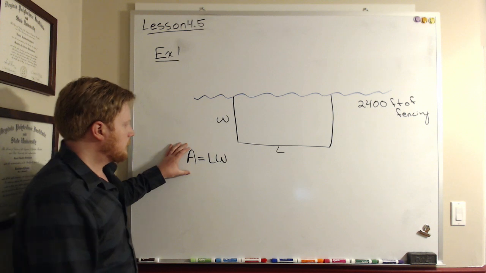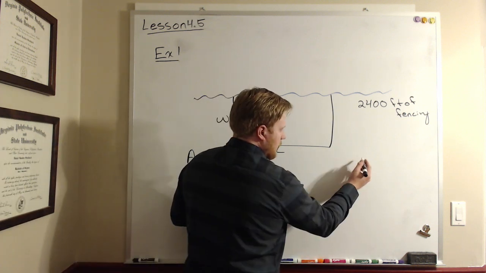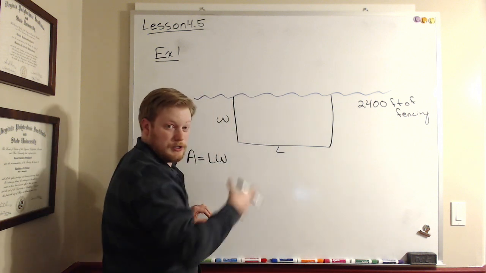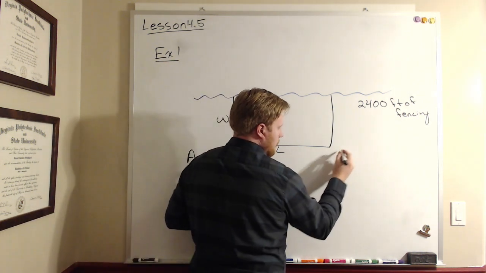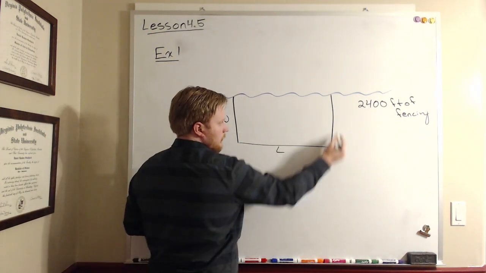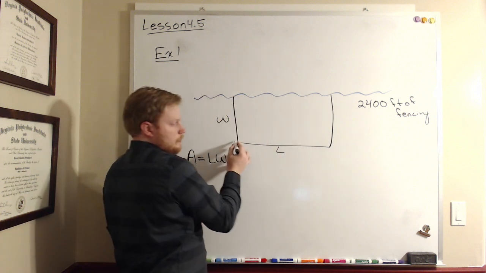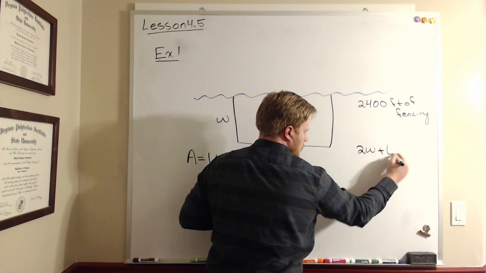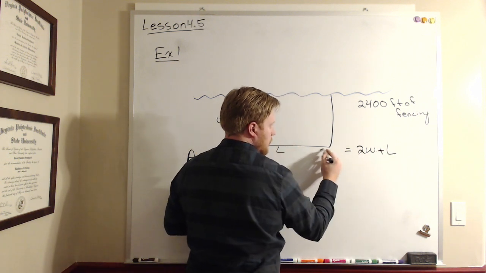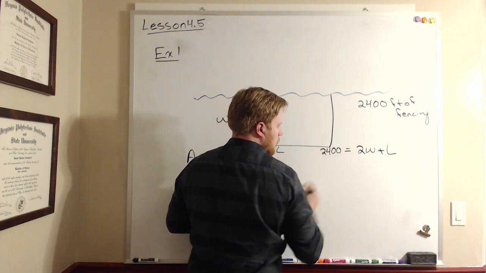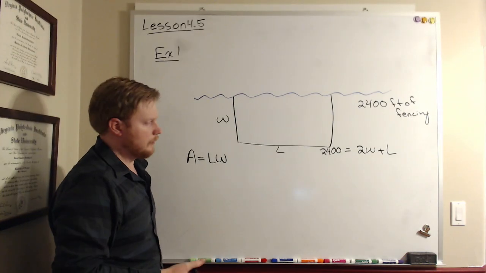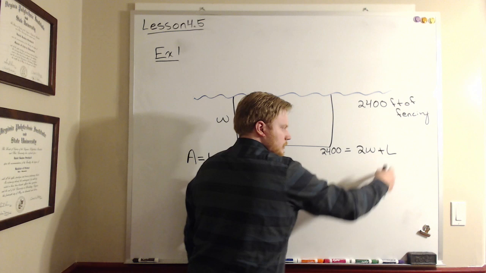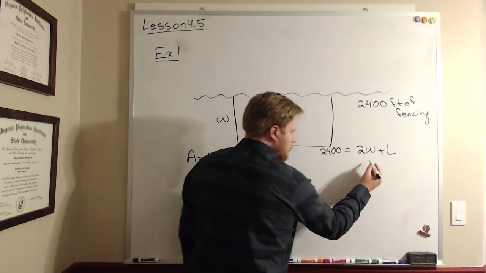So we're going to write a secondary equation involving the information that I was given. The length of this fencing is W plus L plus W, or 2W plus L, which needs to be 2,400 linear feet. Now, it seems easier to solve for L, so that's what I'm going to do.